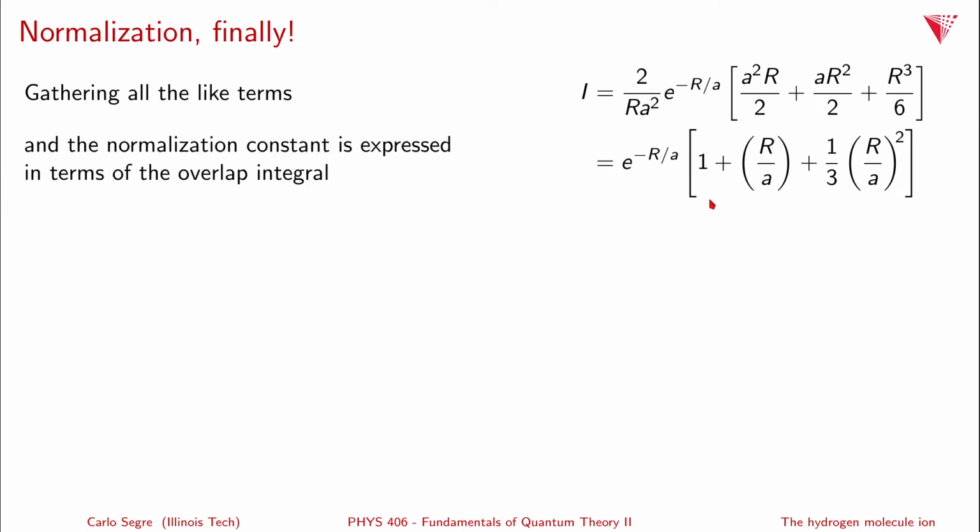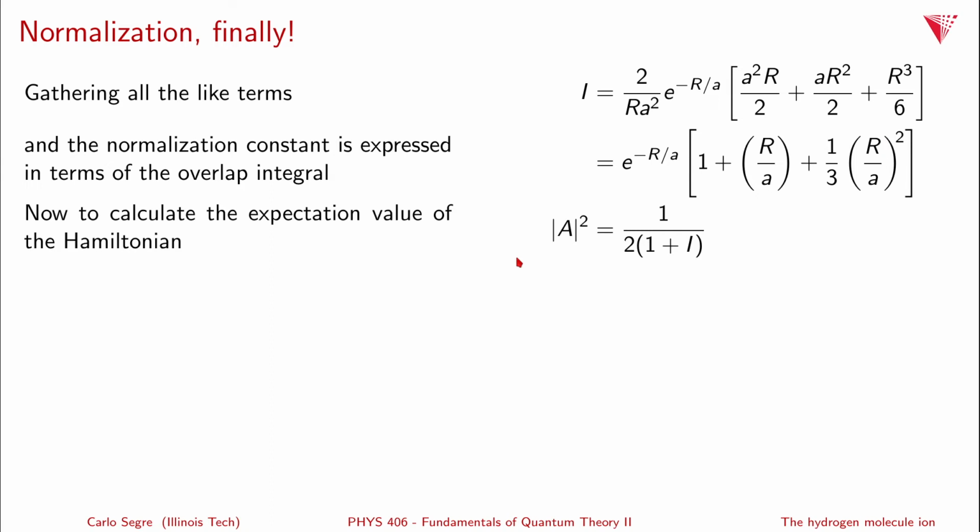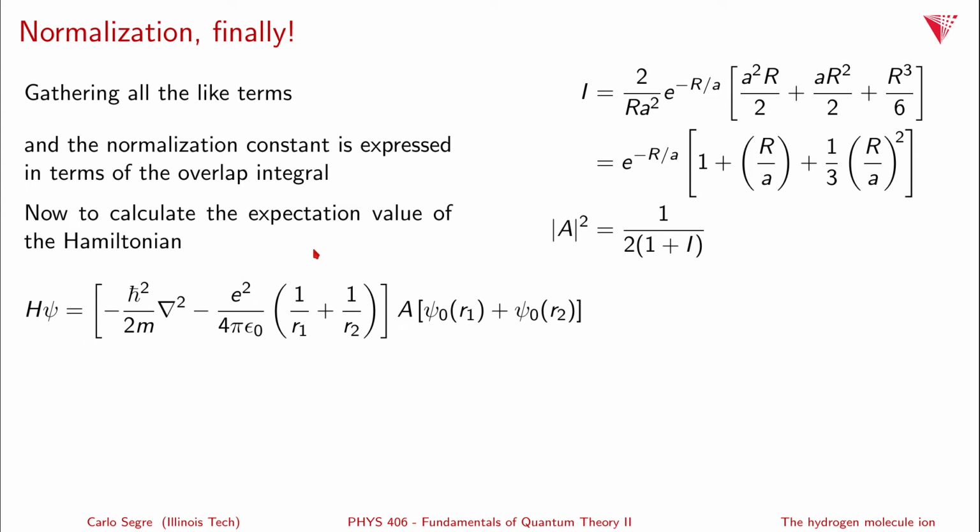Now remember, the normalization constant is expressed in terms of the overlap integral as follows. A squared is equal to 1 over 2 times 1 plus I, this being I. And we'll leave it like that for the moment. Now we want to calculate the expectation value of the Hamiltonian to use the variational method.